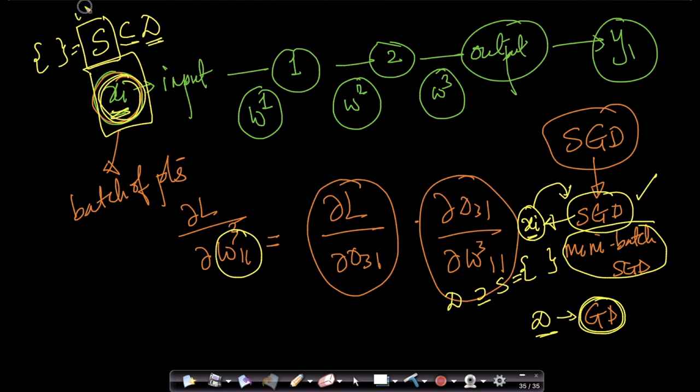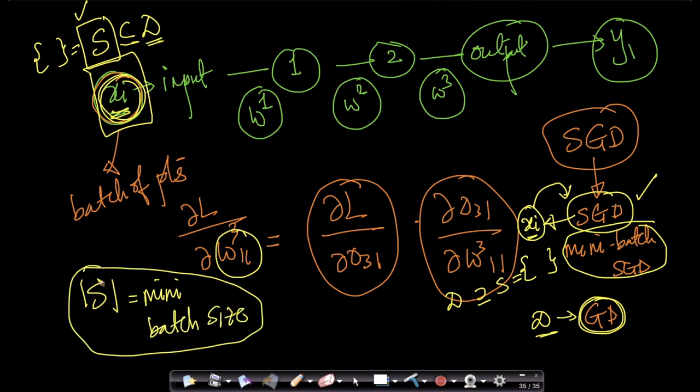The size of S here is called the mini batch size, because it is the size of the mini batch that I'm sending through the network in one forward prop and backward prop. You can also do a full gradient descent based approach where you send the whole data set through the network once.